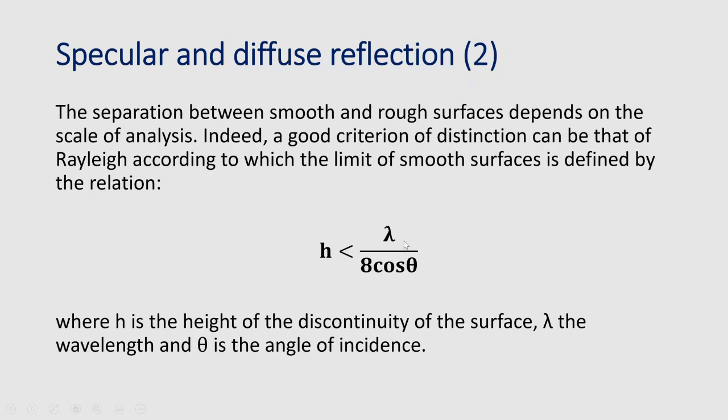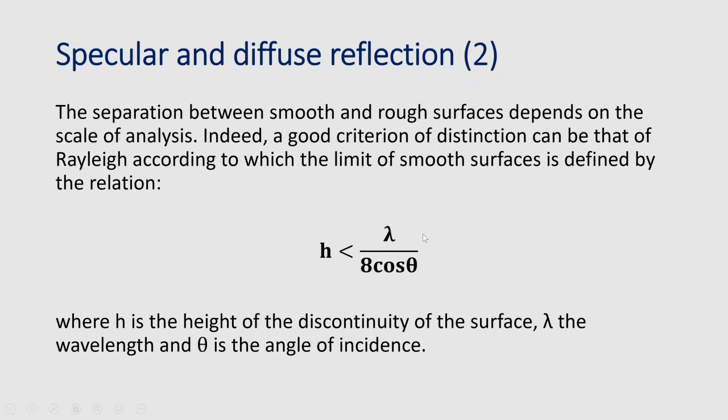And when it's big, in our case, in remote sensing, the biggest wavelengths among the spectral bands we are using are the microwave, ranging from at least half a centimeter to 1 meter. So, for example, if we have a lambda of 1 meter, this equation could be satisfied.